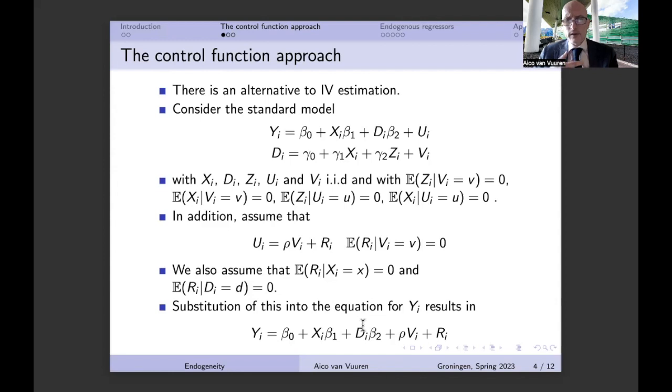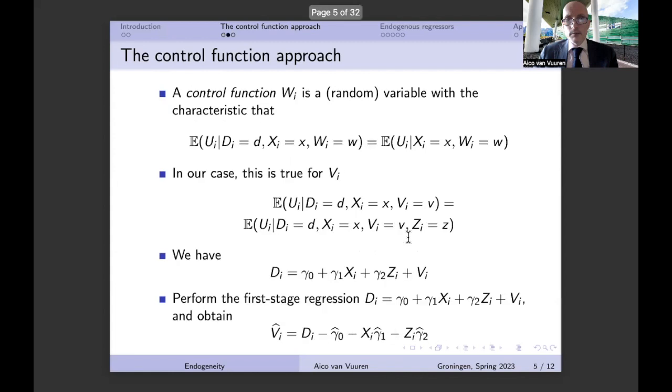So at least in this sloppy way, we already know that this v is potentially going to be a good control function. But the question arises: how can we actually prove that that is true?